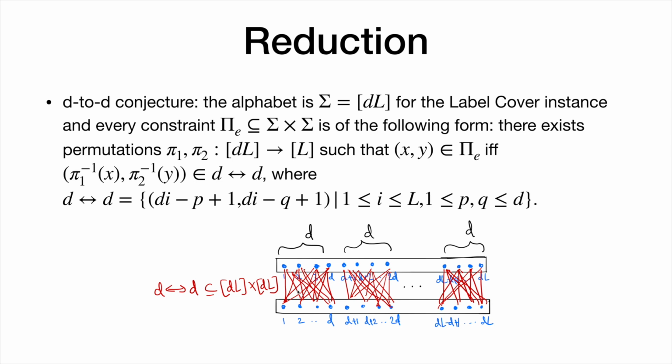One important point to note is that these constraints are no longer projections. These are arbitrary relations, because every assignment on the left doesn't quite imply any fixed assignment on the right. And furthermore, there's no bipartiteness here since all the label sets are the same size. It's on a general graph.